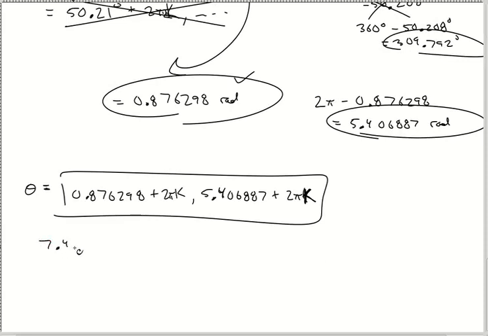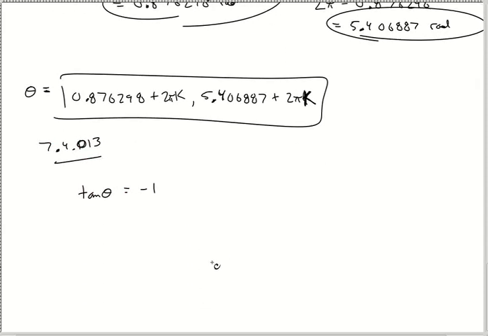Next problem, 74013. So I have the tangent of theta is equal to -1. They say, where's that happening? Remember that this is actually a slope. Say my slope is -1. And that's going to be at a 45-degree mark. Basically negative 45 degrees, or 315. Up here we got 135, by the way.